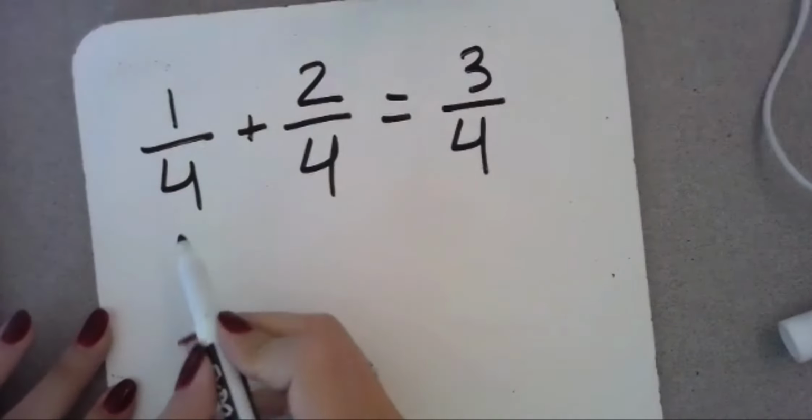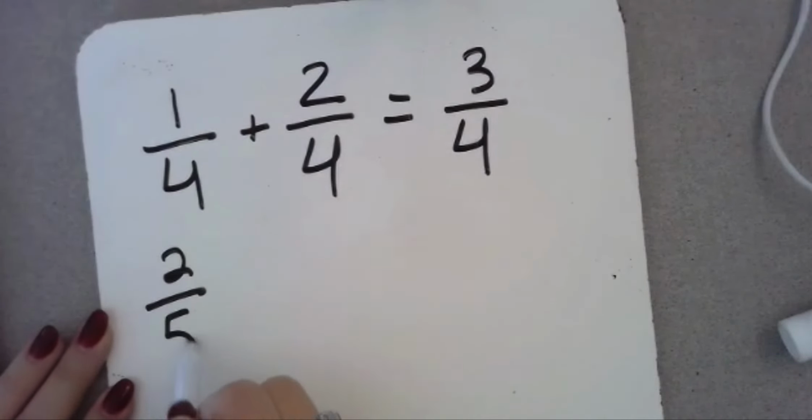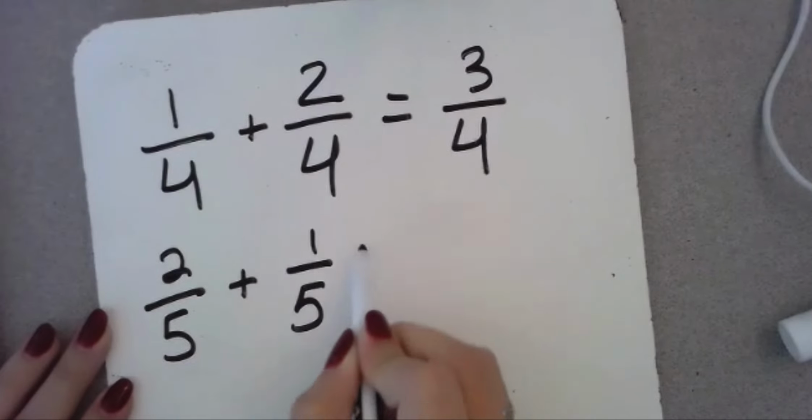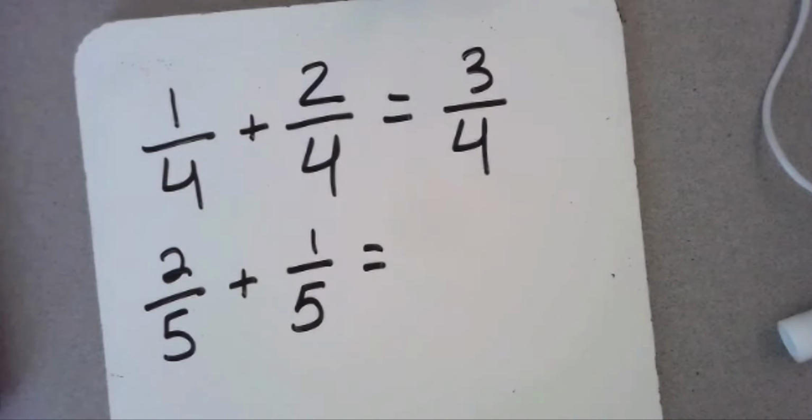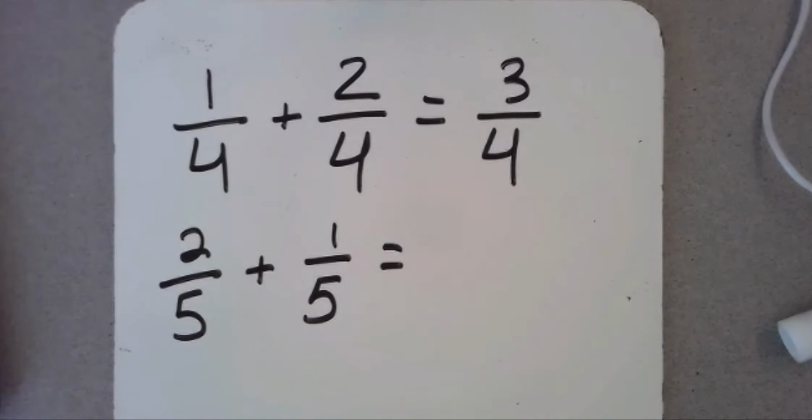All right, here's another quick one. 2/5 plus 1/5. Go ahead, tell me. What do you think it is? Write it in the chat for me, please. Thank you, Oscar. Good job, Mari.